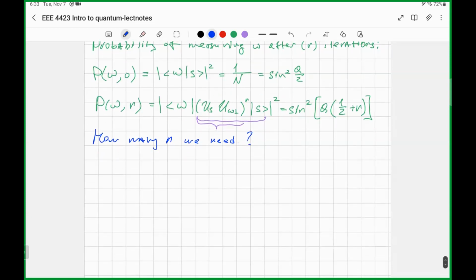Of course, this iteration must result in a probability that is equal or very close to 1.